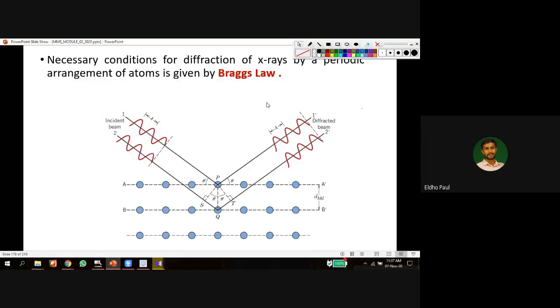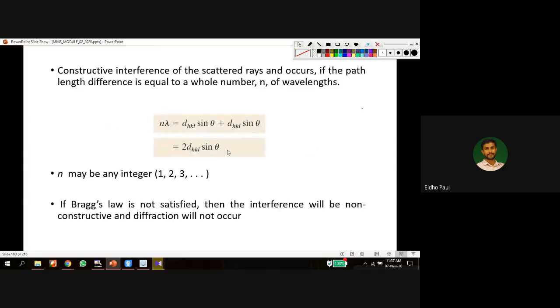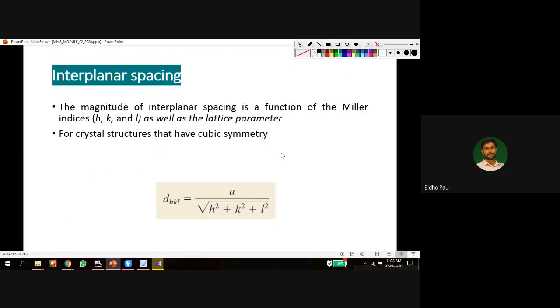Okay, Bragg's law: N lambda is equal to 2D sin theta. N may be any integer, 1, 2, 3, etc. Lambda is the wavelength, D is the interatomic distance, theta is the angle of incidence. So from this, we can calculate D is equal to A divided by the square root of H squared plus K squared plus L squared. We already studied this in Miller indices. HKL are the Miller indices.